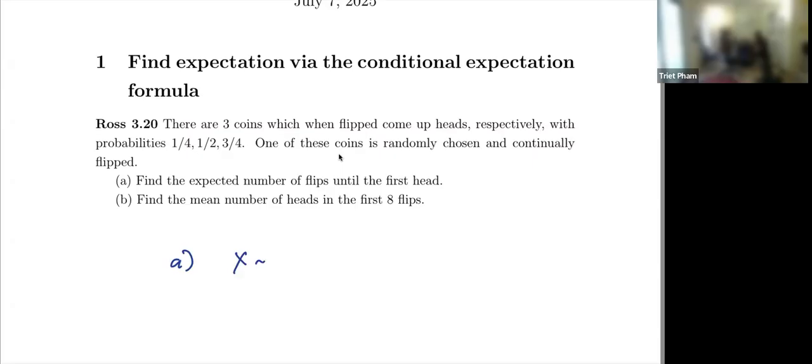You let X be the number of flips until first head. All right, how do we find the expectation of X?